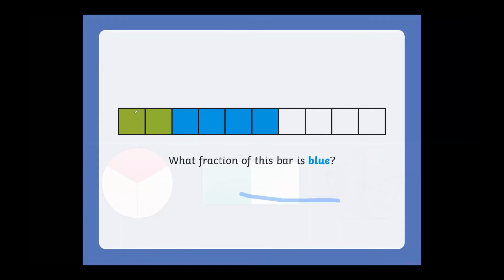So 1, 2, 3, 4, 5, 6, 7, 8, 9, 10. There are 10 equal parts. Now, which fraction is blue? So these are green, so we're not going to count those. So 1, 2, 3, 4. So 4 tenths of this bar is shaded in blue.